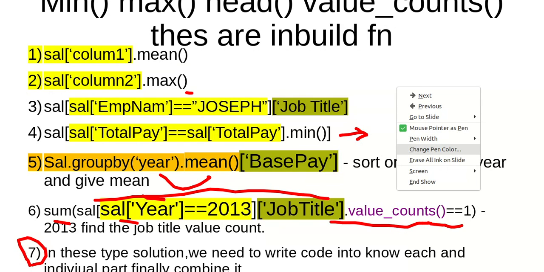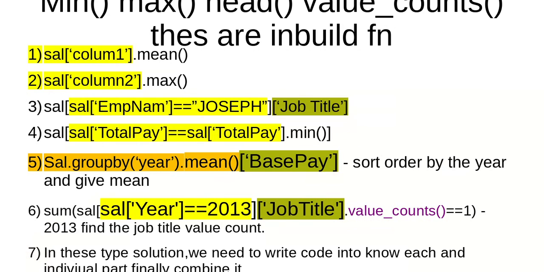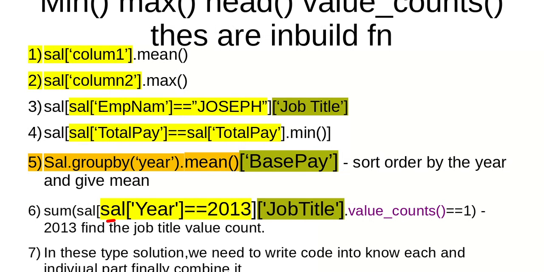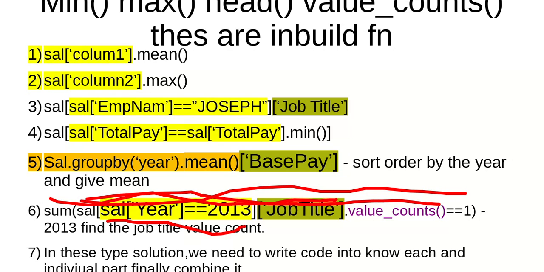Second, completely write this. Third, write up to here. Fourth, finally write it. So in this single command to get the answer, I'm writing the code four times, and finally I make it a single command. That's how you can do it in a better way.